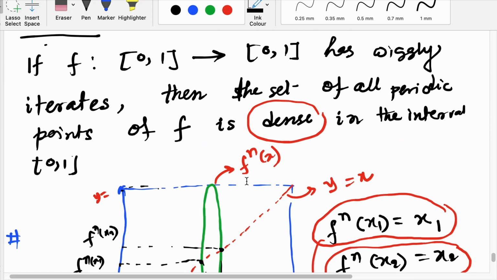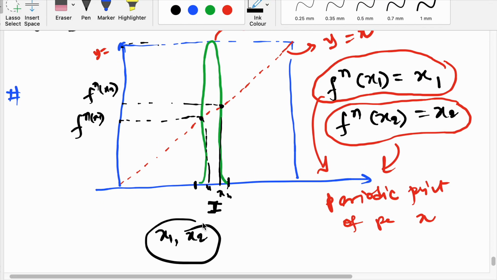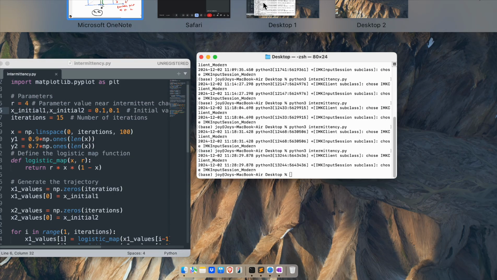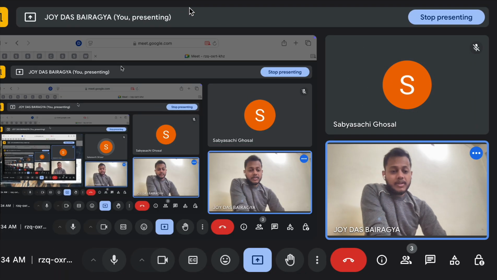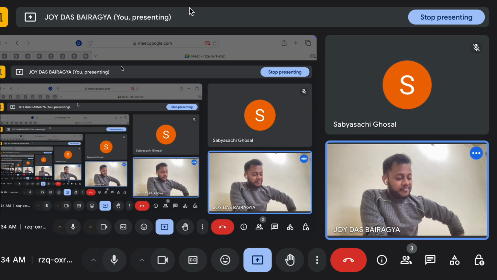Since the map is wiggly, it satisfies the spike lemma, and that's why we can prove that the periodic points are dense in this interval. So now this proof is also done. Is it clear, Subhusaji, why the periodic points are dense for the wiggly iterates?